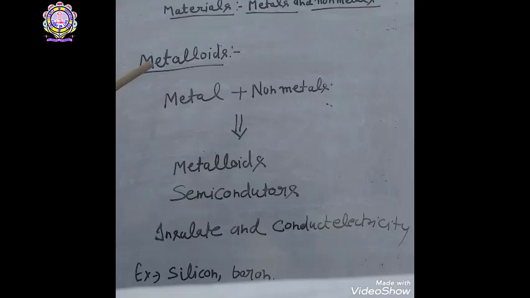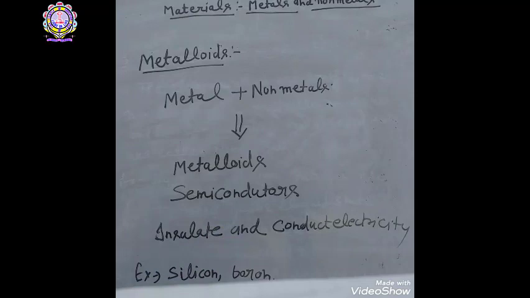The next is the metalloids. Some elements which have the characteristics of both metals and non-metals are called metalloids. So metalloids have both metal and non-metal characters. These are semiconductors.